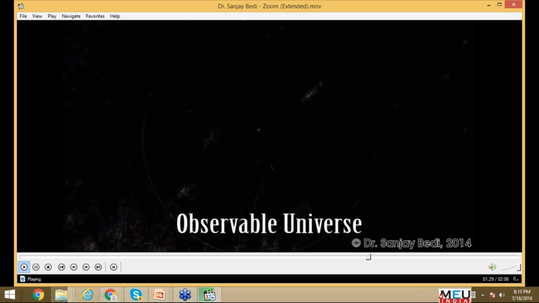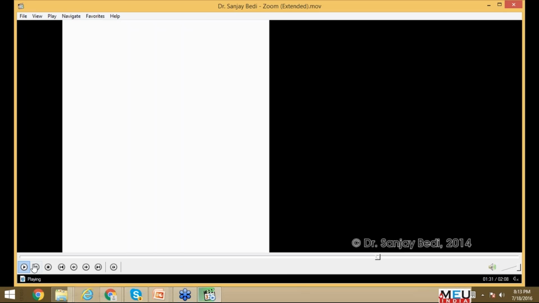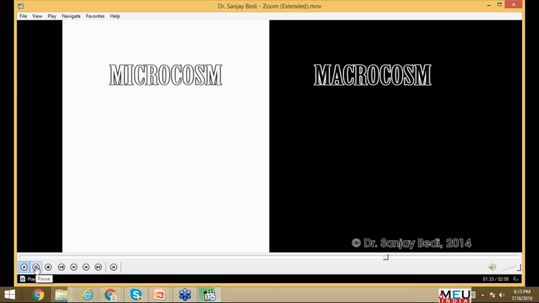Now, this was the observable universe. Let us see, what we saw was the microcosm at the level of unicellular organisms, at the level of DNA, and there is a macrocosm.